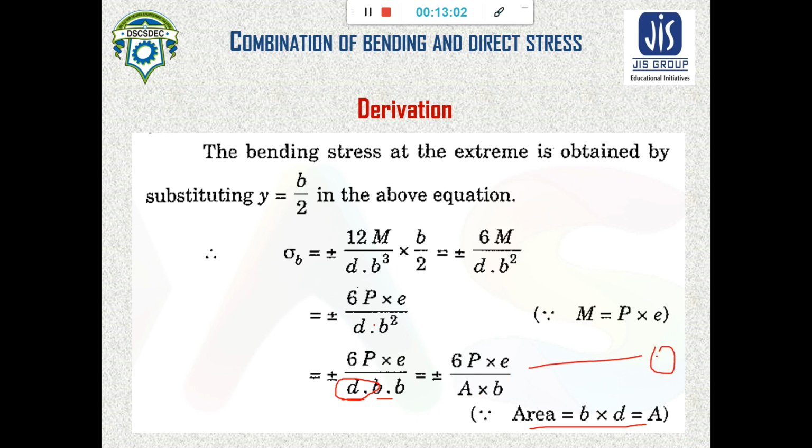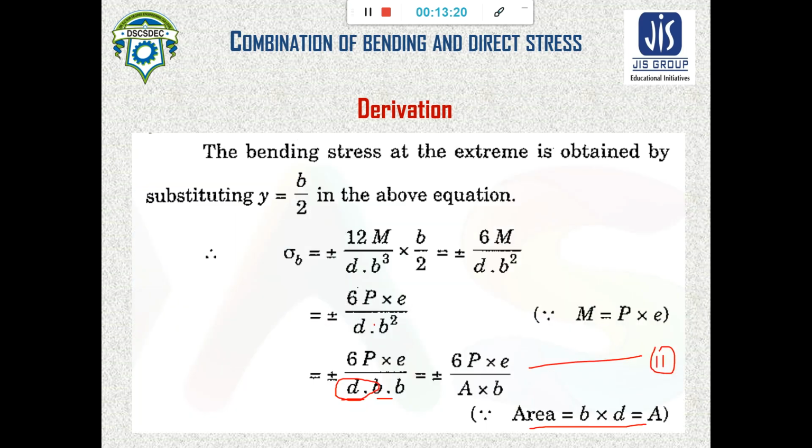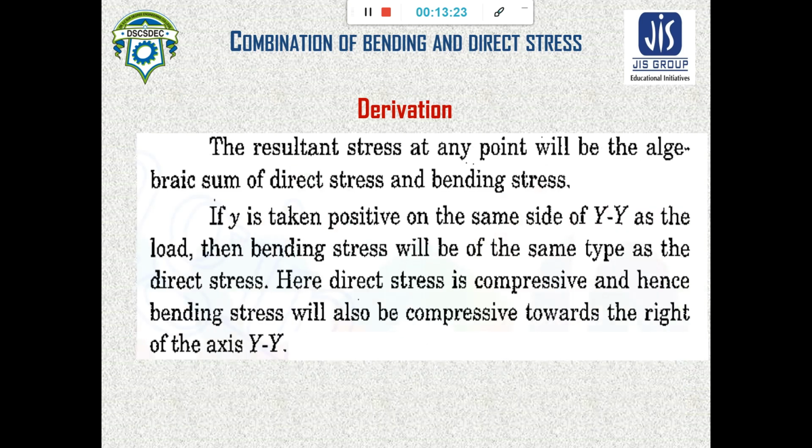From these two equations we can calculate the direct stress and the bending stress. Now we can have the resultant stress at any point. The resultant stress at any point will be the algebraic sum of the direct stress and the bending stress.